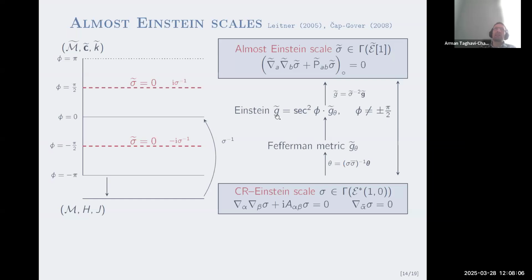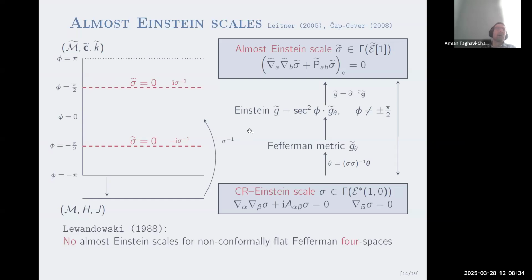So if it's Einstein, I can describe it in terms of this almost Einstein scale sigma tilde, and the zero set of this sigma tilde precisely includes these hypersurfaces that are sections of the Fefferman bundle. Okay, so this is a nice result that was due to Felipe Leitner and Chap and Gover.